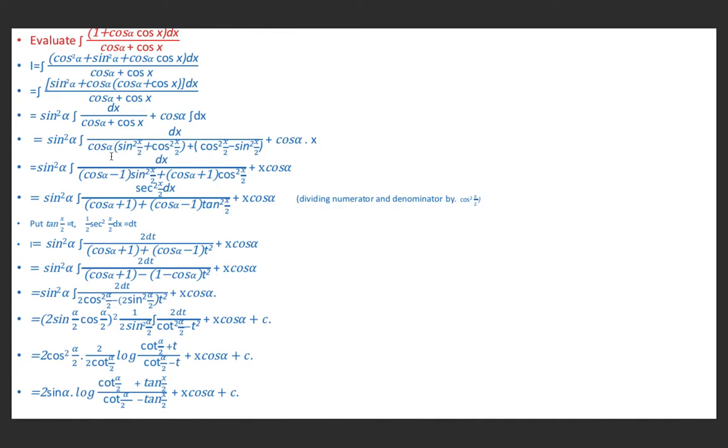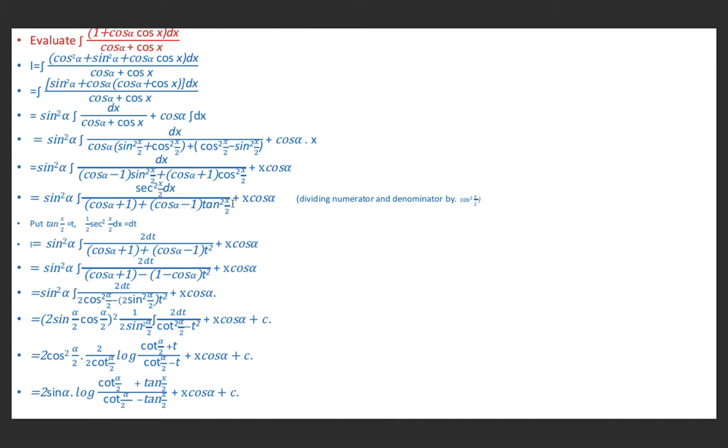So we have the expression of the form 1 upon (cos alpha minus 1) sin square x by 2 plus (cos alpha plus 1) cos square x by 2. So divide the numerator and denominator by cos square x by 2. So 1 upon cos square x by 2 is secant square x by 2 dx, and if you divide sin square x by 2 by cos square x by 2, this will be tangent square x by 2. I have written it here.